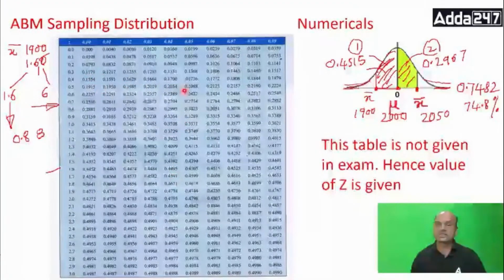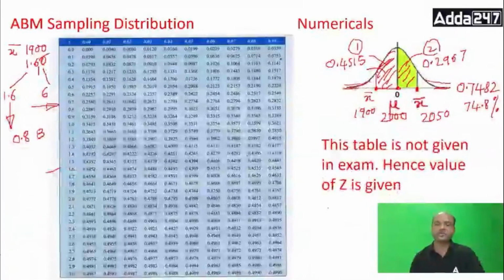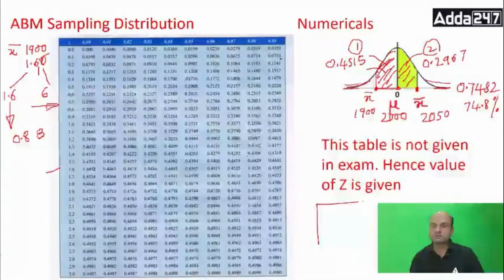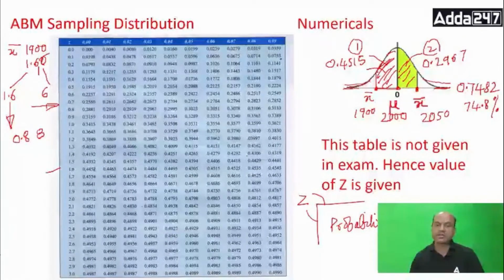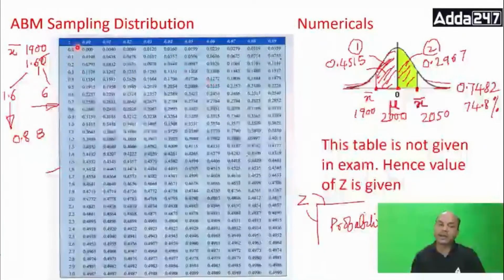This normal distribution table always has two parts. The inside part, all these values, is known as probability, and the top row and the left column are known as Z. So your target is finding this Z value.